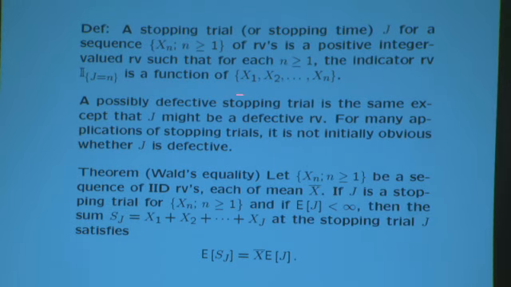That indicator random variable is then a function only of X1 up to X sub n minus 1, which means that X1 up to Xn minus 1 is independent of Xn, and X1 up to Xn minus 1 is what determines this indicator function, J less than n.